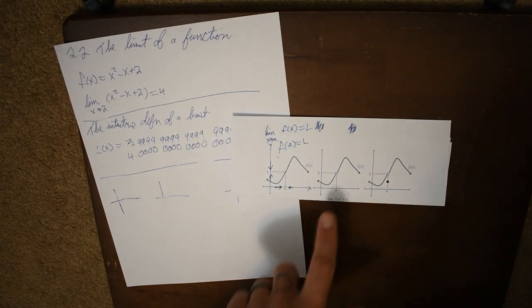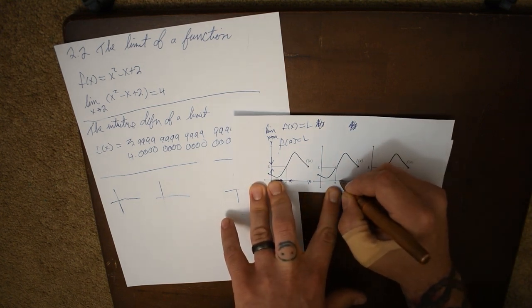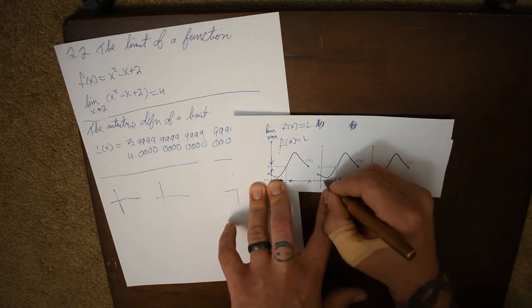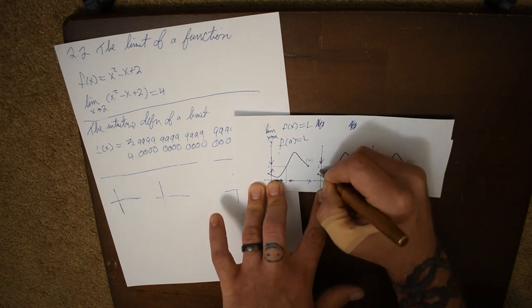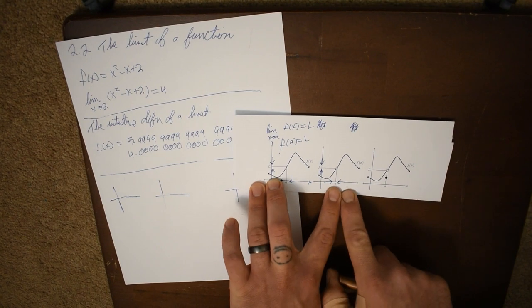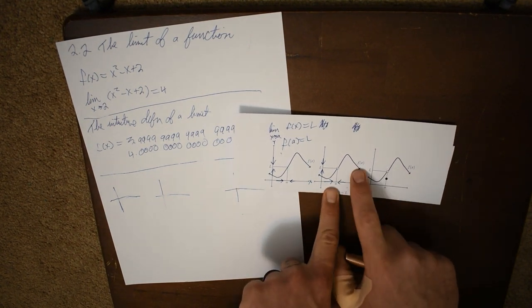In this graph, we have the same thing. As the values of x get closer and closer to a, the values of y get closer and closer to L. It doesn't matter that the function isn't defined at a. There is no f of a on this graph.